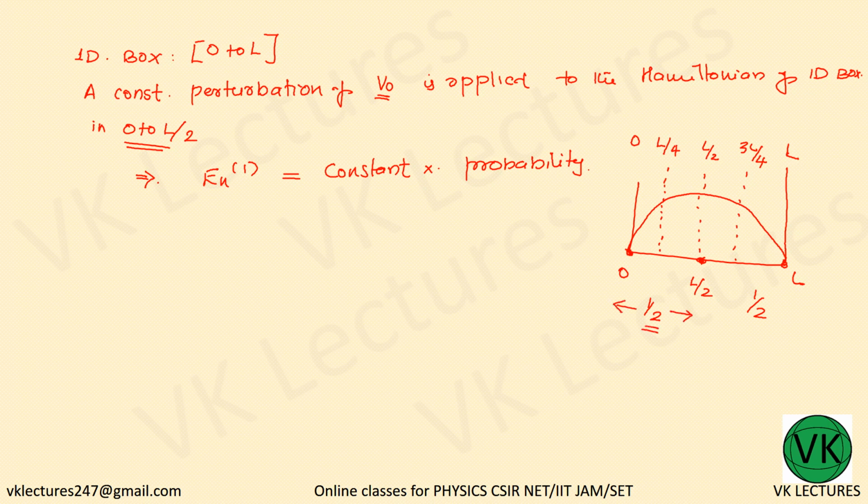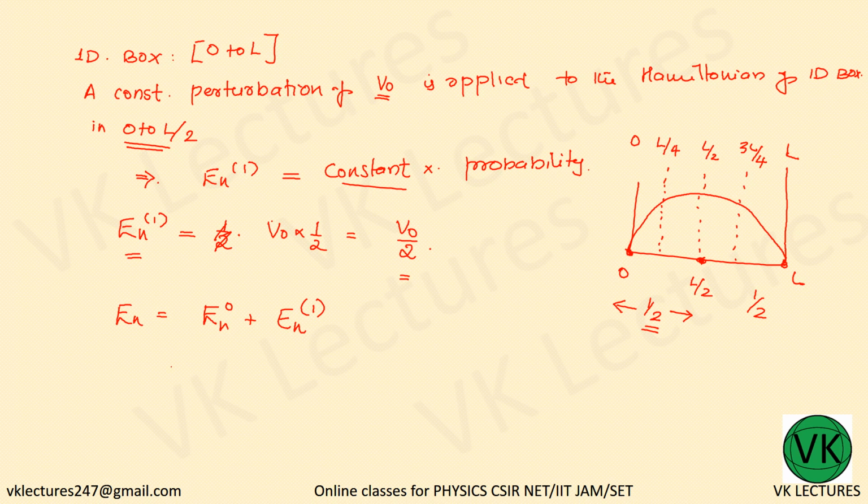So En of 1, first order correction to nth state energy, is the constant into probability. So what is constant? Constant is V naught, into probability 1 by 2, so that's equal to V naught by 2. So this is the first order correction to the energy. Then the total energy will be equal to En naught plus first order correction.